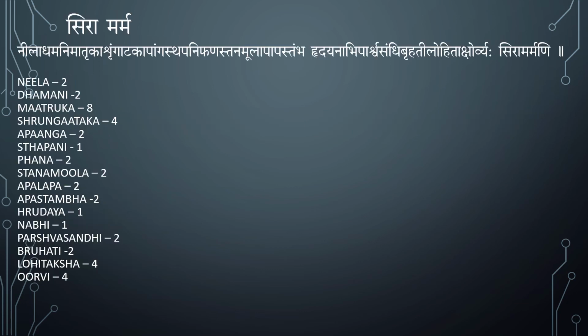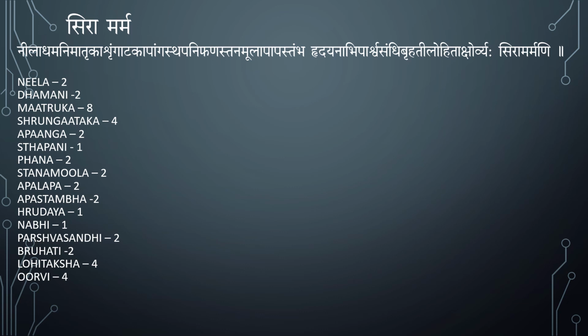Next, Siramarma, the marmasthana which is mainly formed by siras. Those are known as siramarma. Neeladhamani Matruka, Shrungataka Apanga Sthapani, Fana Stanamula Apalapa Apastambha, Hrudaya Nabhi Parshvasandhi, Bruhati Lohitaksha Urvi, Siramarmani.